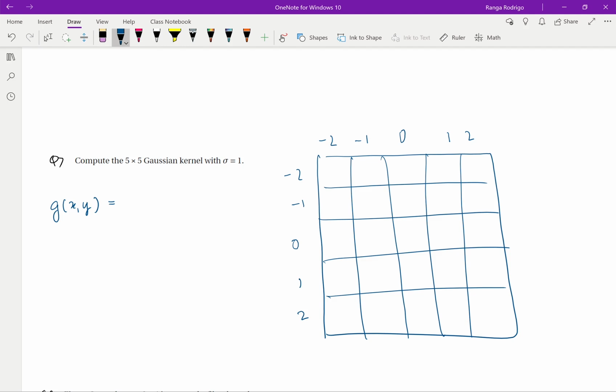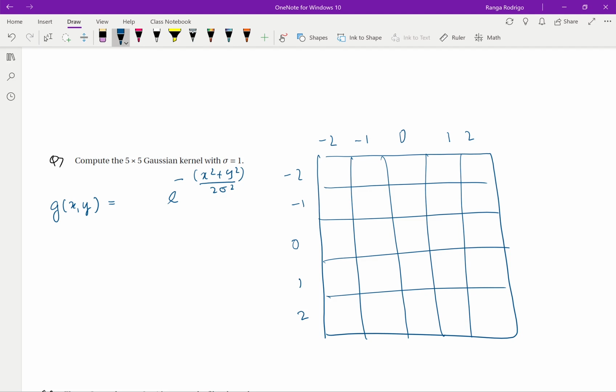Anyway, e to the power of minus (x squared plus y squared) divided by 2 sigma squared. What is the constant in front? That we will actually decide to write down all the numbers, sum them up, and divide by that number.